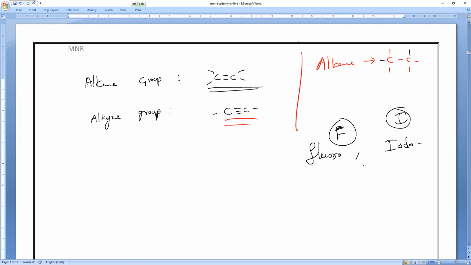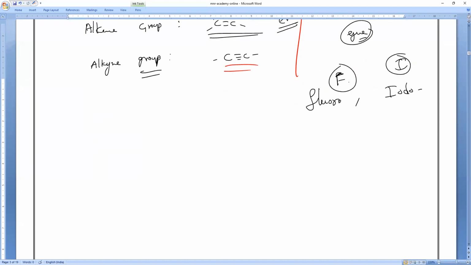Iodo. Next, alkenes and alkynes. What is the suffix? ANE replaced with ENE. ANE replaced with what? YNE. Next, alcohols. E will be replaced with OL.